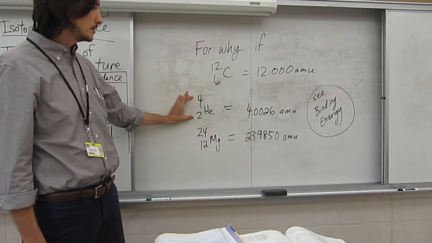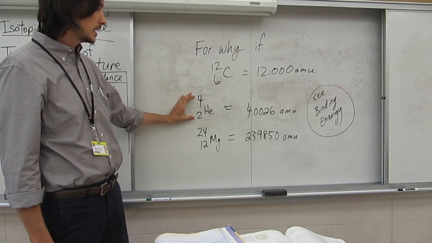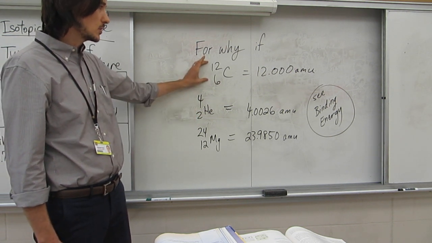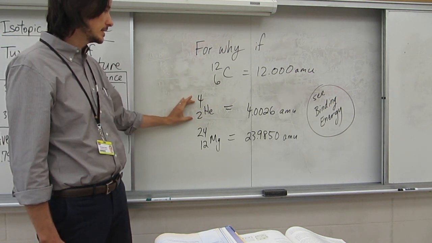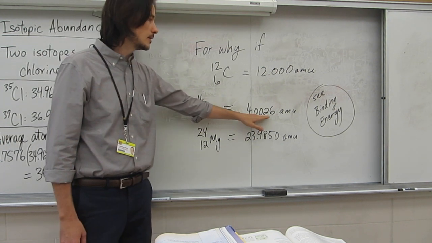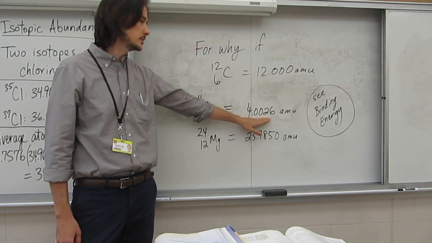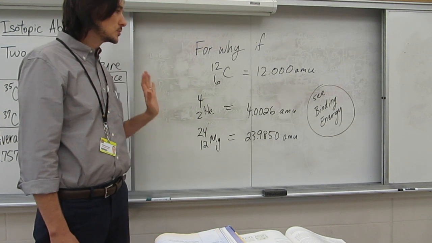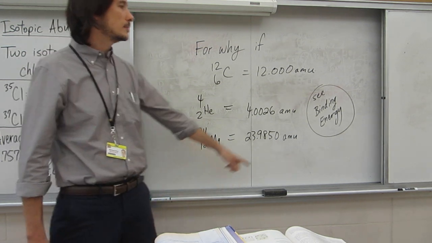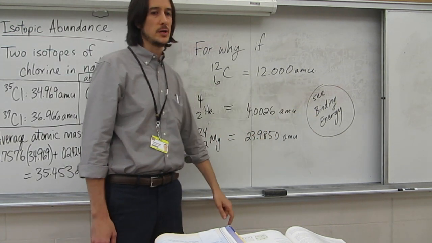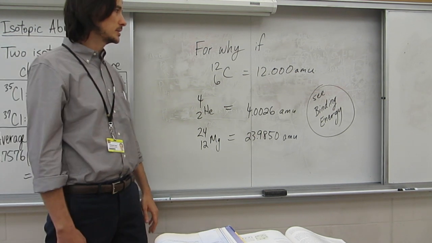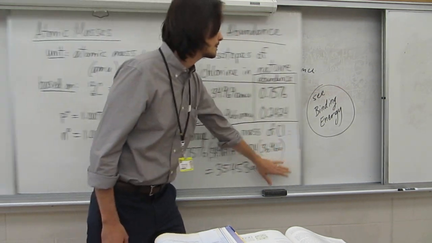And for helium, which has a nucleus that's a bit smaller than carbon, we find the mass is a little bit larger than we would expect. I want to put this one on hold, but see binding energy if you're interested in this, and you really must know right now.